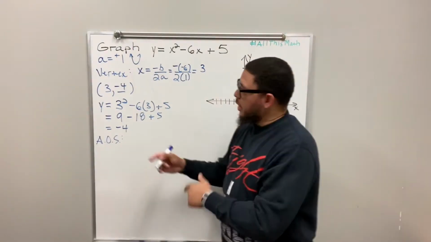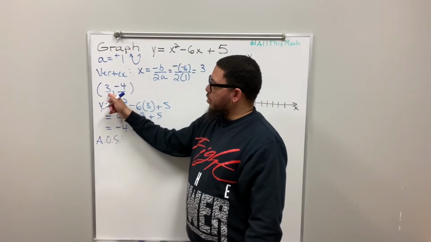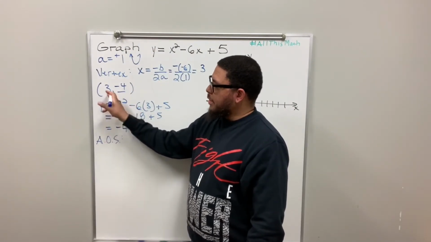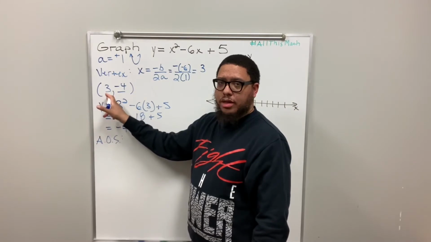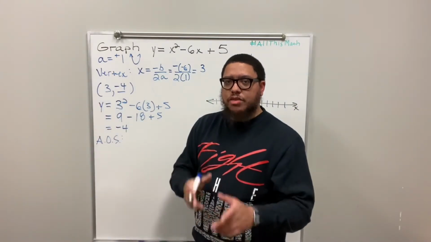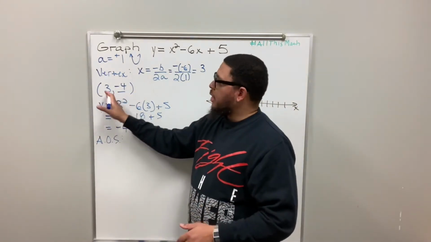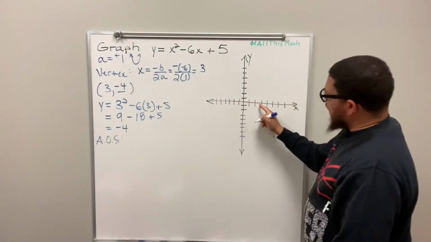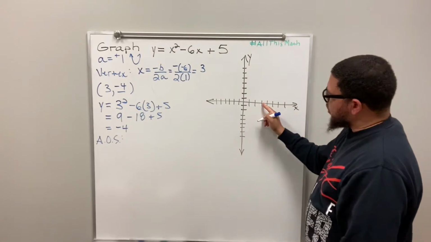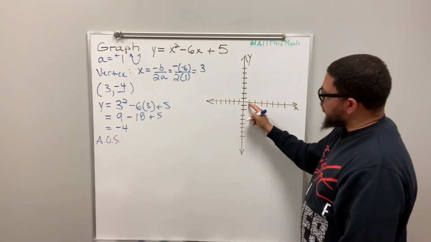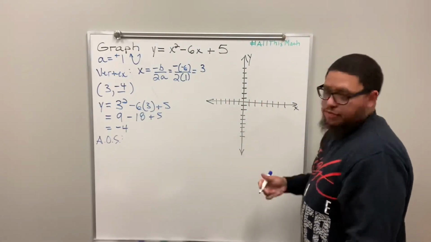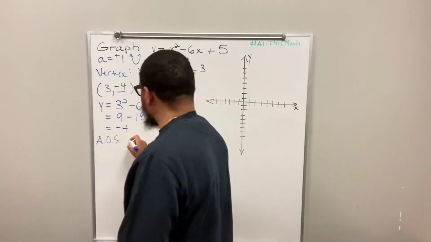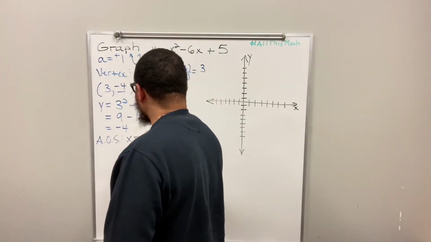So if my vertex has coordinates of 3, negative 4, and it goes through the vertex, it has to go through positive 3 on the x-axis. If that's 0, then this will be 1, 2, 3, if my scale is 1. So my axis of symmetry is x equals 3.